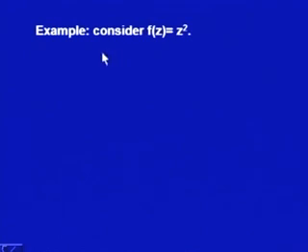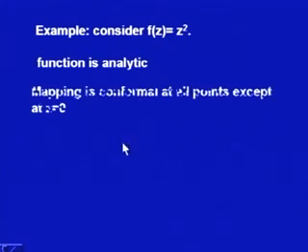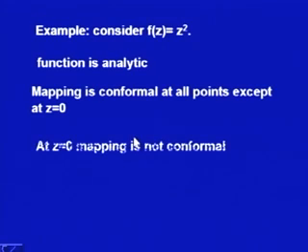So, this is an example. We consider f(z) is equal to z square. This function is analytic, and it is conformal at all points except at z is equal to 0. So, z is equal to 0 is a critical point. One may also notice that f dash z is 0 at z is equal to 0. So, this says that at z is equal to 0 the mapping is not conformal, but at all other points the mapping is conformal and angles are preserved.